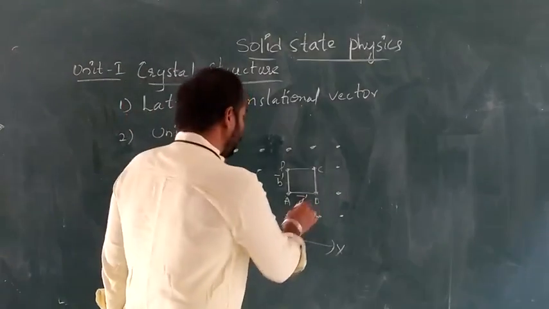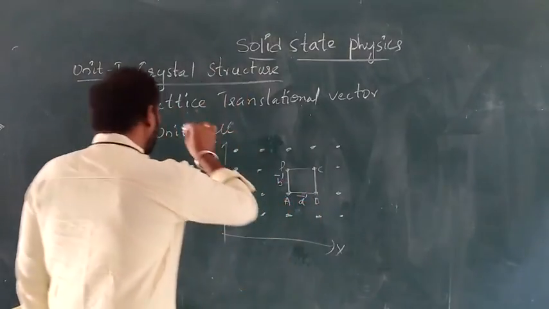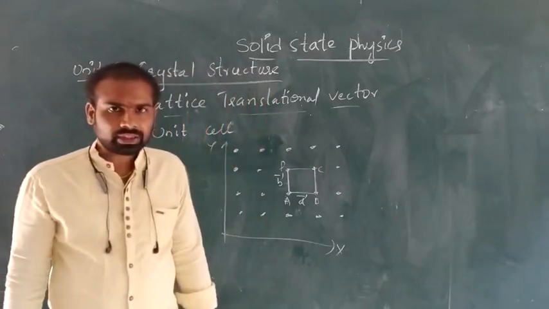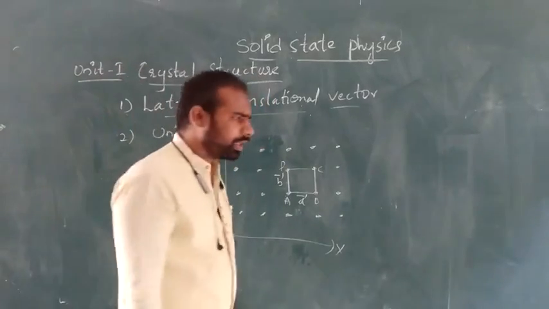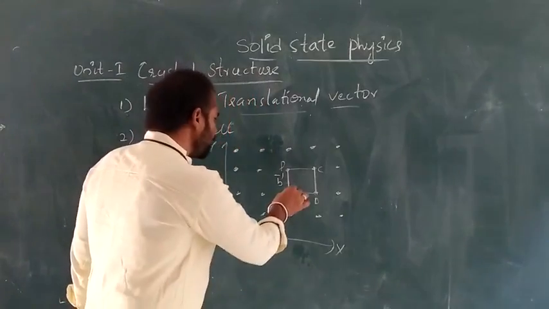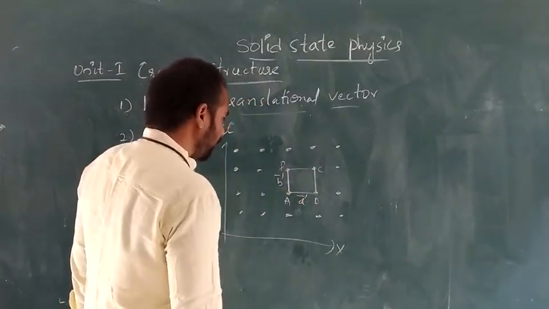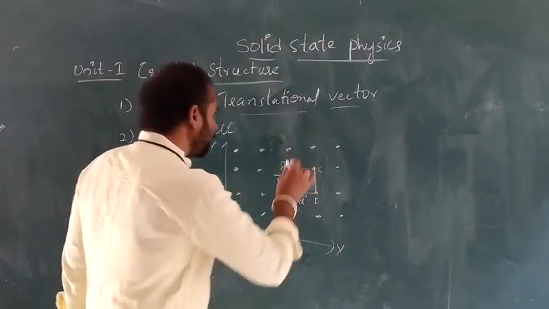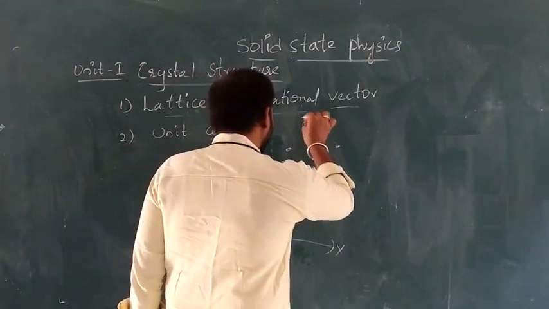This A bar and B bar are called lattice translational vectors.